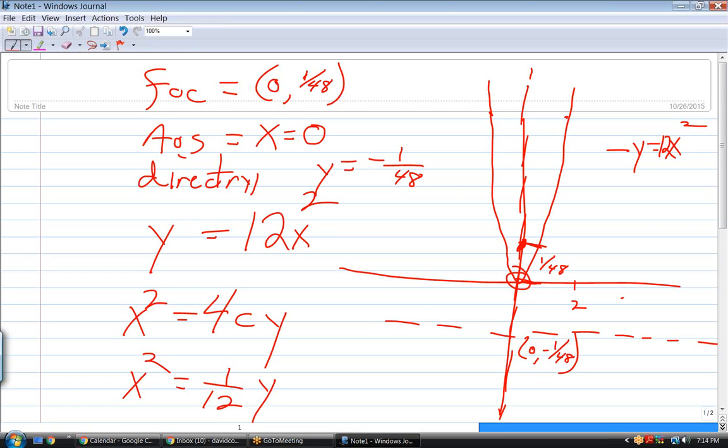So the secret on all of these problems is going to be, first of all, figure out whether it's a horizontal or vertical parabola, and then try to put it into either that format, or if it's a horizontal parabola, then it's this format.